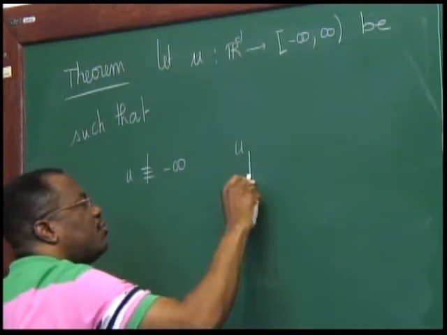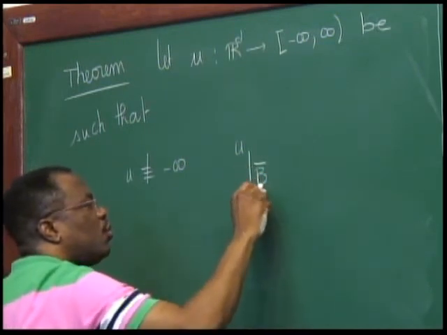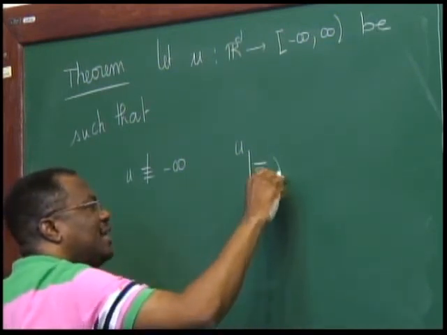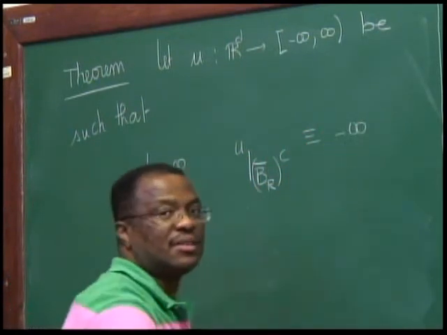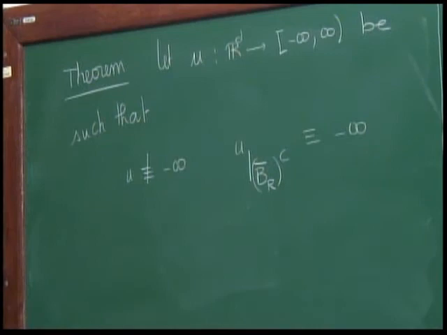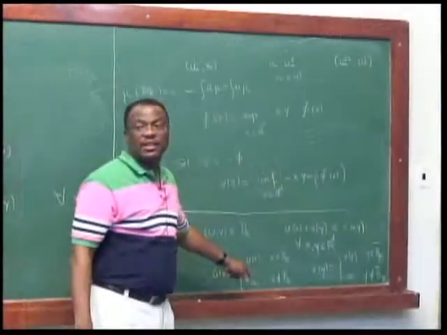The restriction of u to the closed ball of radius R, if I take the complement, this is negative infinity. And again, if this condition was not satisfied, I am going to substitute u by ū.